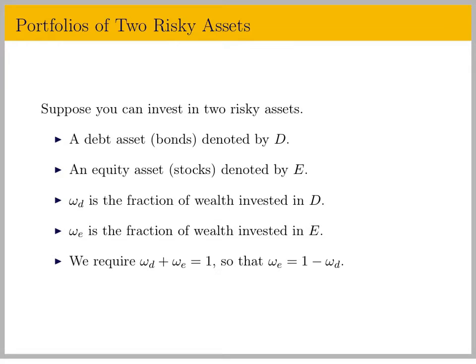So that doesn't mean that in reality you're investing all of your wealth. It just means that if you take all of your wealth, W, and decide on some portion, let's say you want to invest 70% of your wealth, then we're going to call that invested wealth, IW.